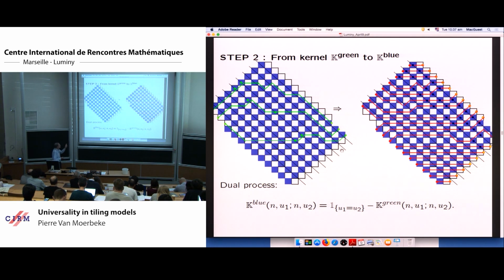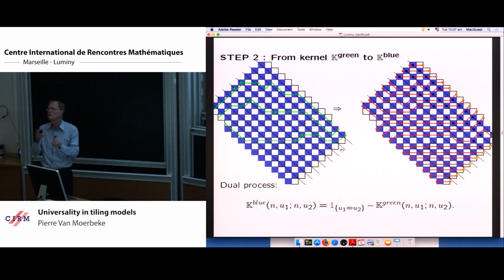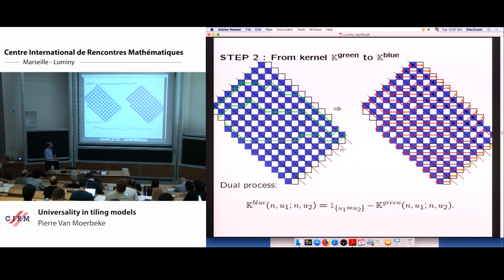So now there's a rather standard formula. When you have this duality, you can express the kernel for these blue dots as the indicator factor u1 equal to u2 minus the green kernel. The n is just any fixed level here; it happens to be n, but it has nothing to do with that length.